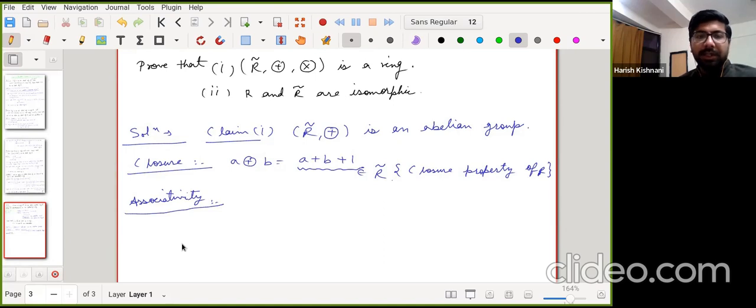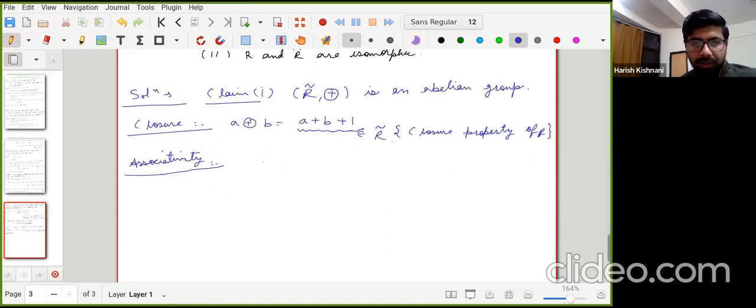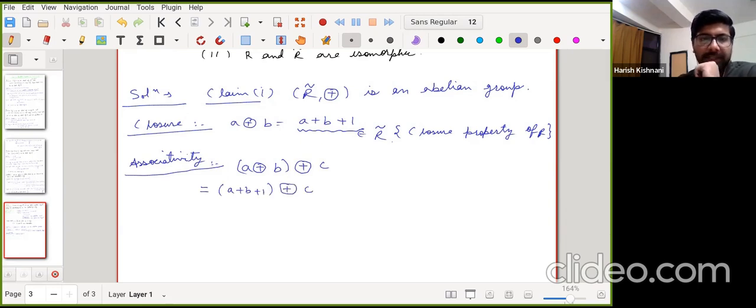Okay, so associativity. A added with B, and then I am adding it to C. Can anyone help me step by step? What's going to be A plus B? It's going to be A plus B plus 1, right? And then you are adding it with C. Now this is your first element and this is your second element, and this operation adds the first element with the second element with the previous law, and then adds 1 to the final outcome.